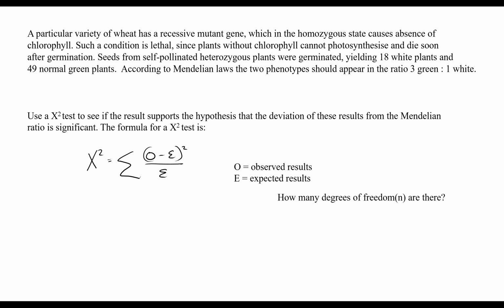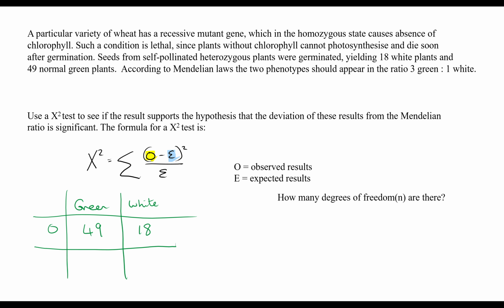Chi-squared is where we look at the observed frequency and minus our expected frequency. So we need to bring in how many we observed. There was green and white, and we observed 49 green and 18 white. So that's our observed, and we want to work out our expected frequency.